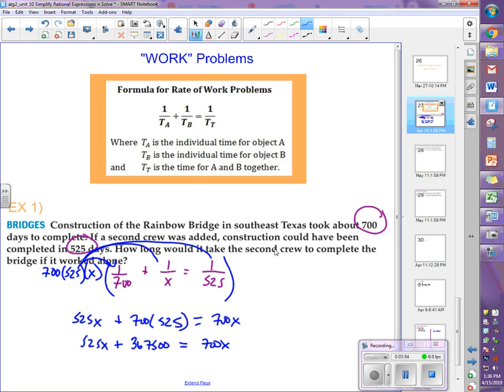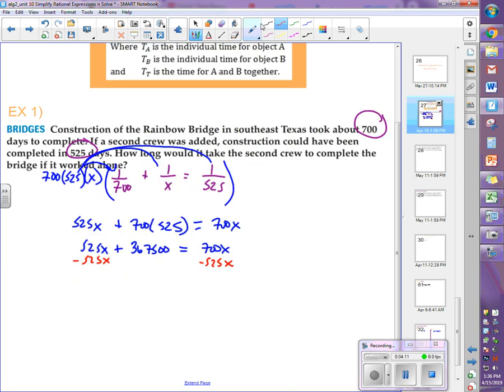Now, since the powers of my x terms are 1, this is linear, so I would subtract 525x from both sides. Bring down the 367,500. So this would leave me with 175x.